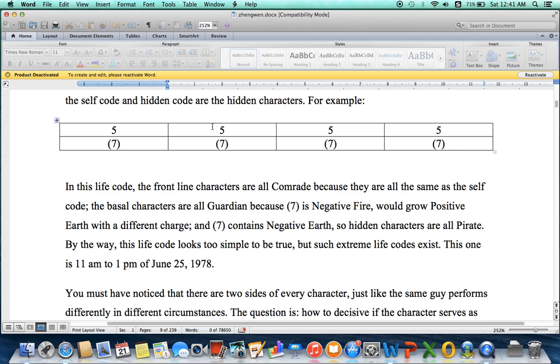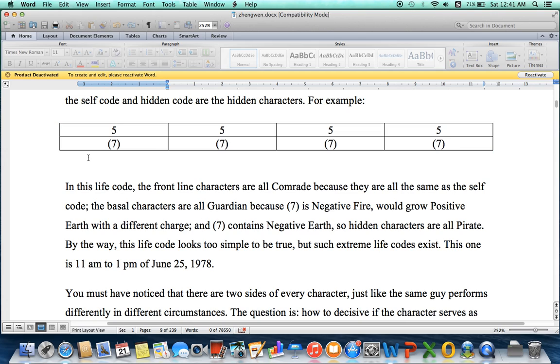So all the frontline characters are comrade. And the basal characters are all guardian because they are all 7 here. 7 is negative fire. Fire grows earth, and decimal 5 is positive earth and negative fire, that's the guardian, the different-sex reaction. So we got guardian, guardian, guardian, and guardian.